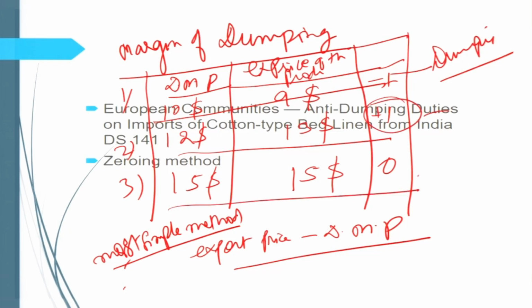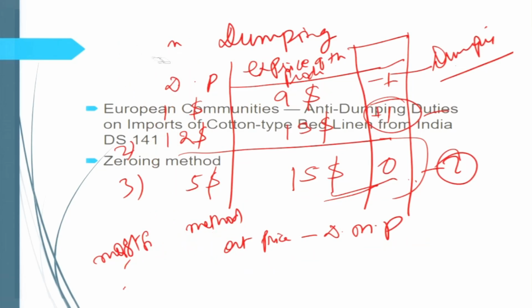In the third case, there are higher chances of dumping because we are getting the value 0, but we do not know whether the transportation cost or the tariff has been added to this $15, the export price, or how that is being compensated. That can be another question mark, but the first is a clear case of dumping being practiced because we get a negative value after subtracting the domestic market price from the export price. So, this is the simplest method to know whether dumping is being practiced or not.